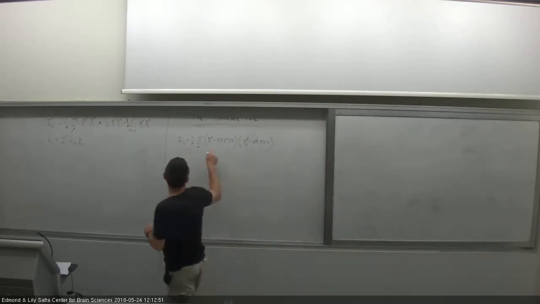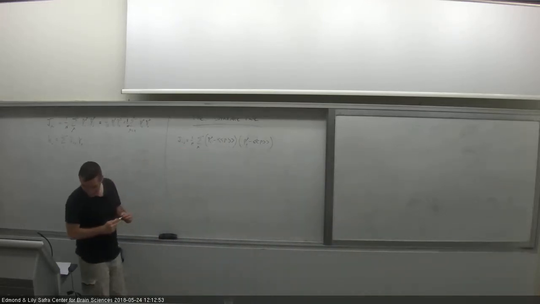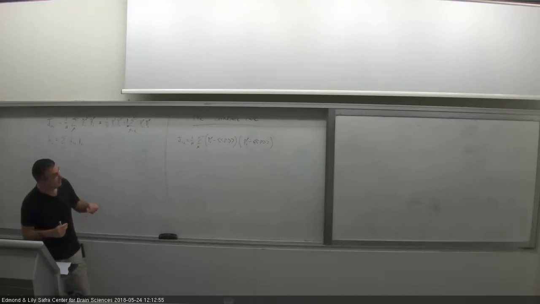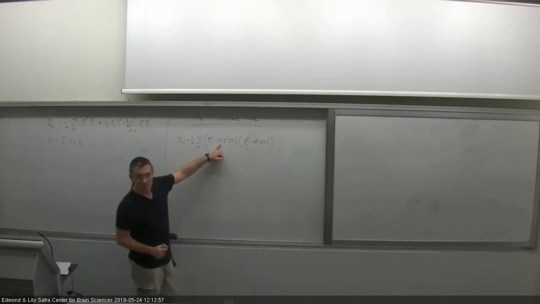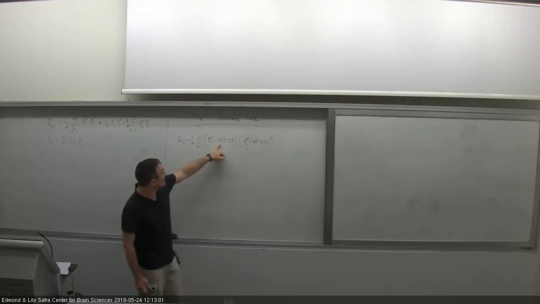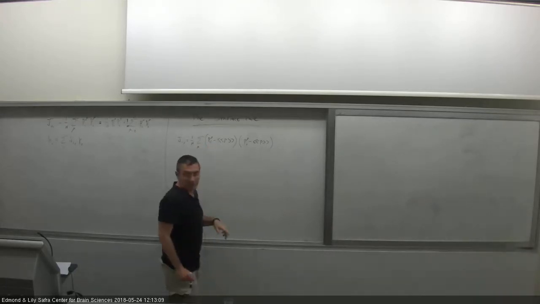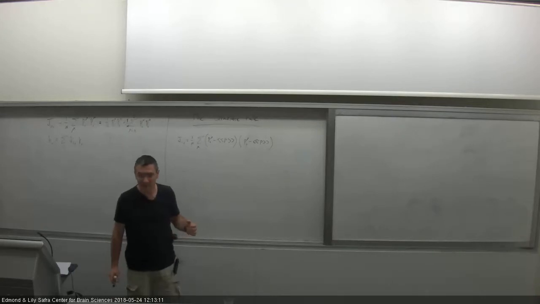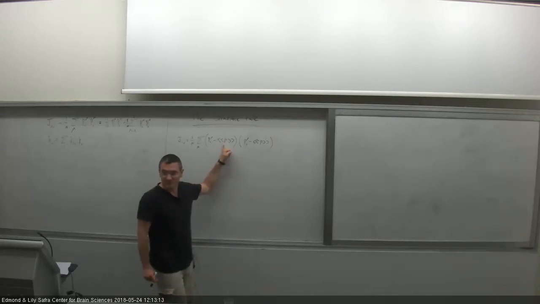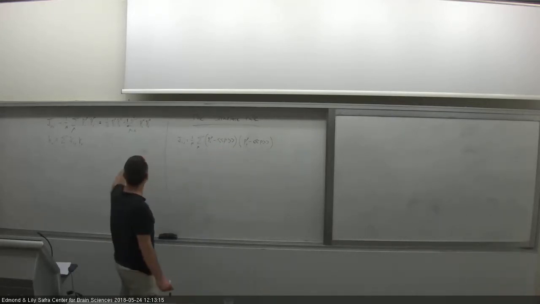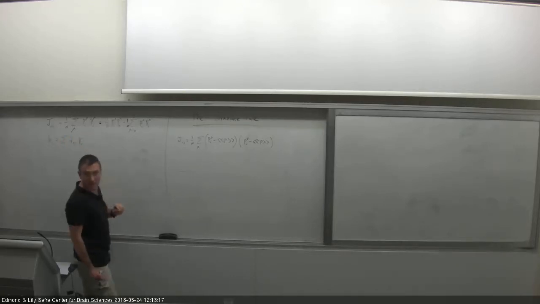In this course, this notation denotes the average over realizations of memory patterns. If pi mu is equal to plus and minus 1 with probability 1/2, then this term is equal to 0, and we revert to the original Hopfield model.